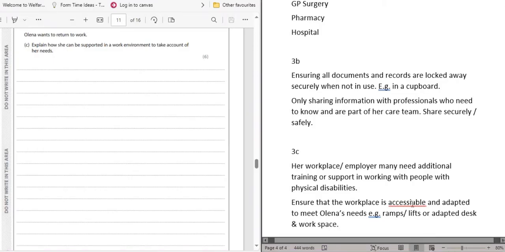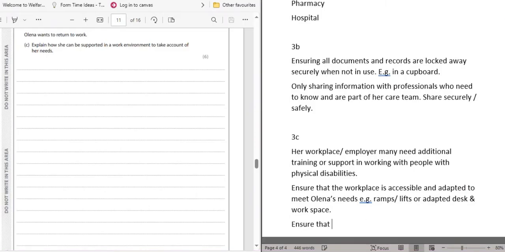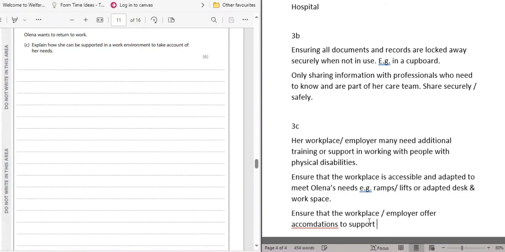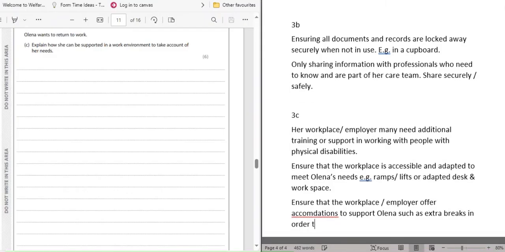Now, we could ensure that the workplace or employer offers accommodations to support Alina, such as extra breaks in order for her to take medication or rest.